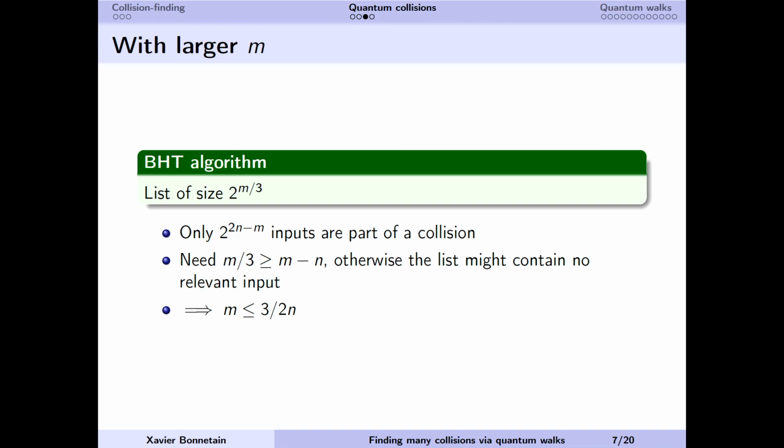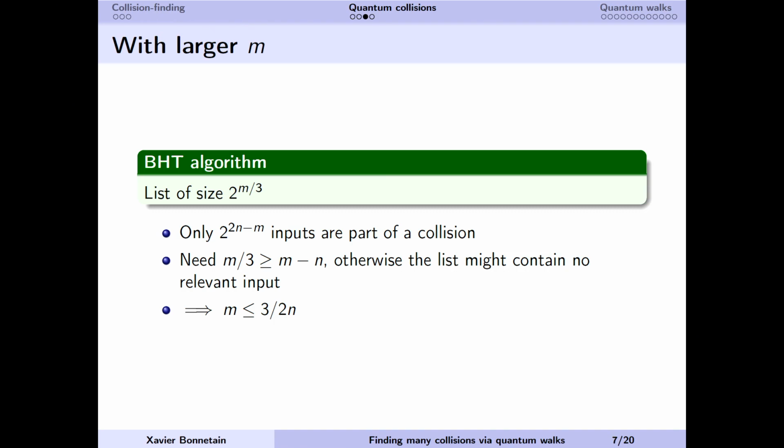Because we only have 2^(2n-m) collisions overall on average. And for the algorithm to work, we need that in this list of size 2^(m/3), there is at least one input which is actually part of a collision.